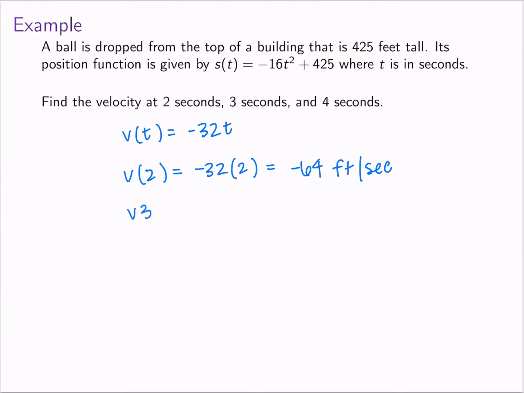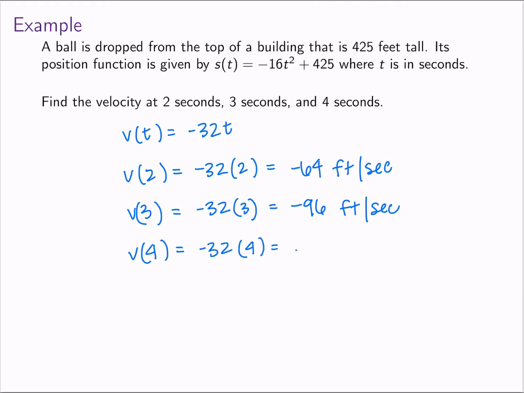V of 3 would be negative 32 times 3, so negative 96 feet per second. V of 4 would be negative 32 times 4, so that's negative 128 feet per second. So if we want a velocity at a given point in time, we just need to plug in that time into our velocity function. Now remember, your velocity function is the derivative of position.